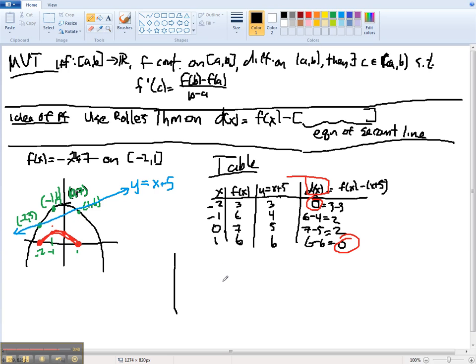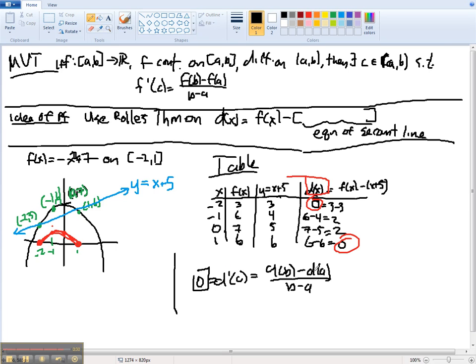I get d prime of c is equal to d of b minus d of a over b minus a. But Rolle's theorem says that this is actually equal to 0.